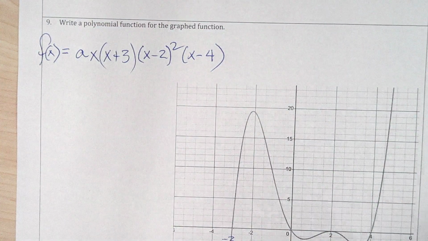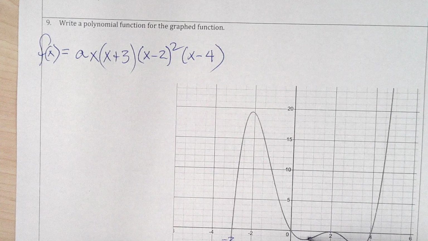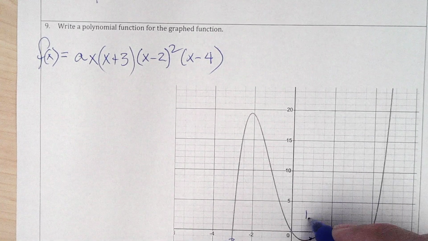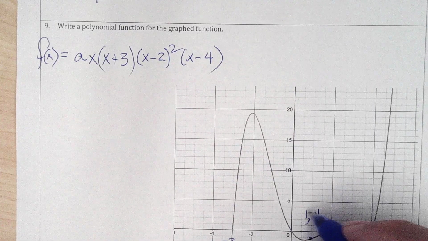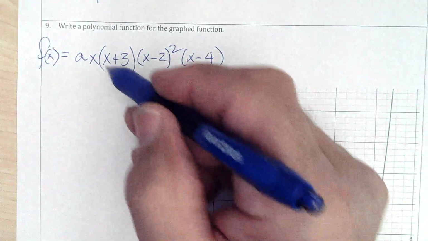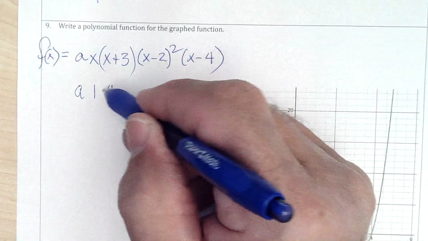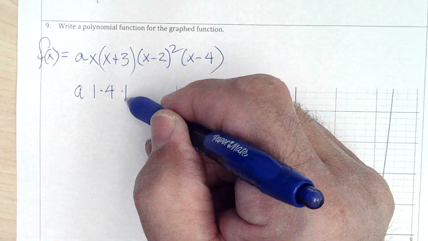And let's see, do we have a nice point someplace? Looks like it goes through (1, -1), so we'll get pretty close with that. So I'm going to put 1 in for all my x's. So I get a times 1 times 4 times (1 minus 2 is minus 1) squared is 1.